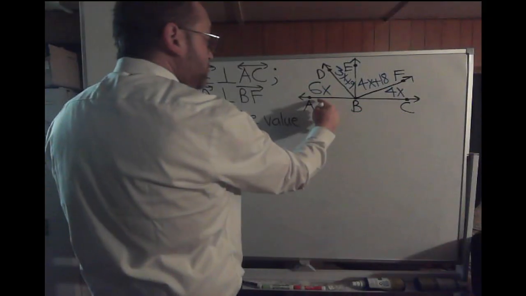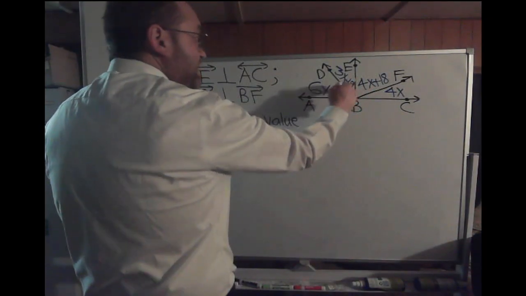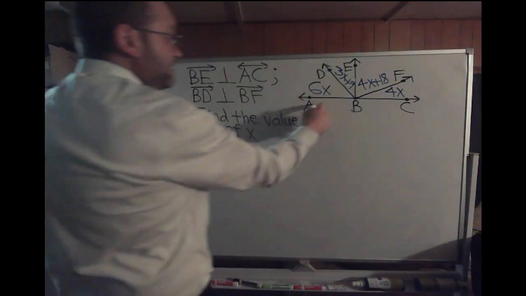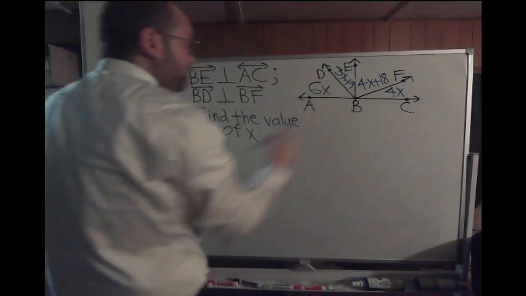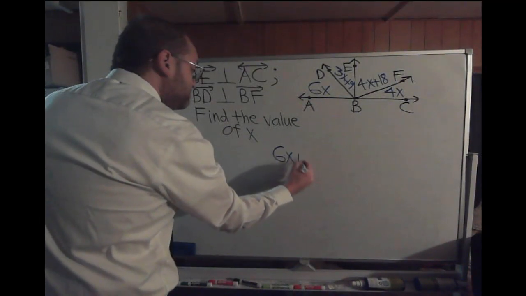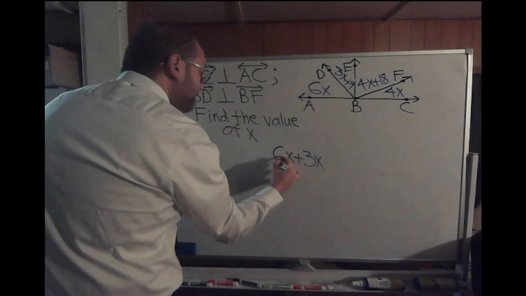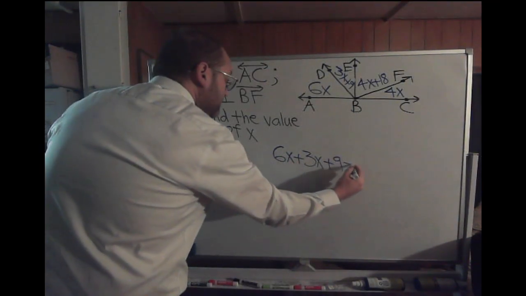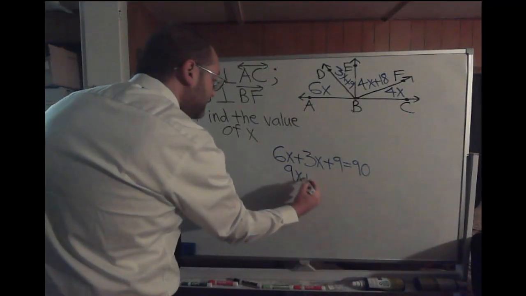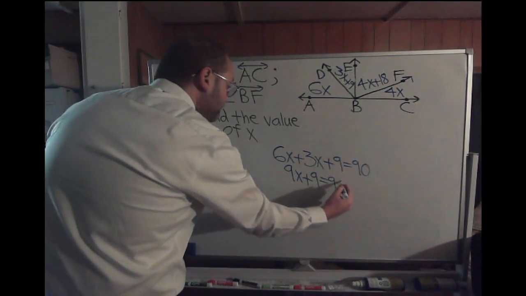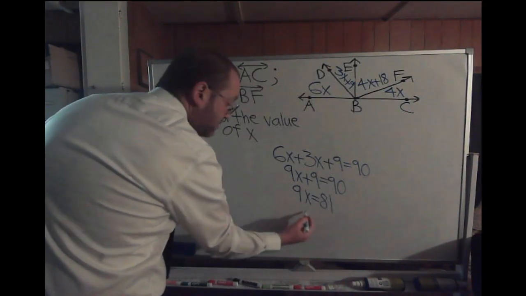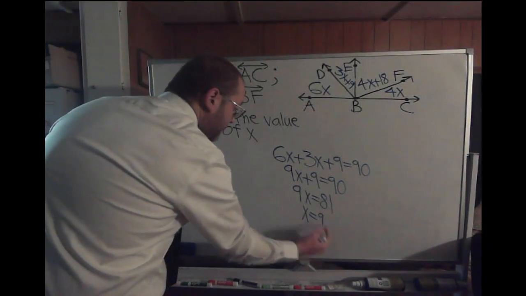That means that angle ABE would have to be a 90-degree angle since you got the perpendicular thing going. So that means angles ABD plus angles DBE, if you add them together, would give you 90. So we'll take 6x plus 3x plus 9, set that equal to 90, which means you would get 9x plus 9 equals 90, which means 9x would equal 81, which simply means that x would equal 9.